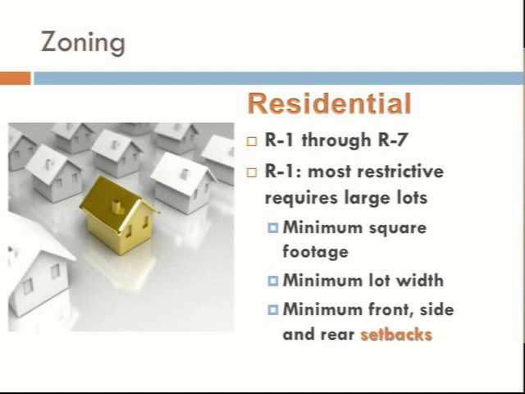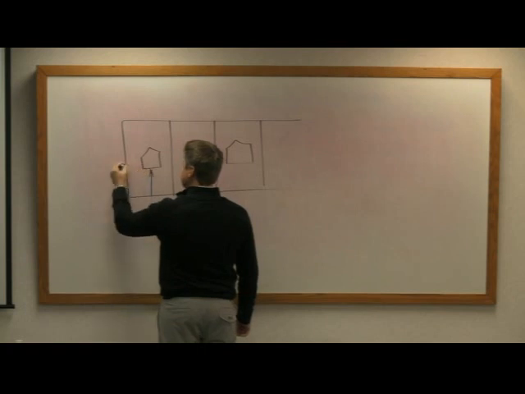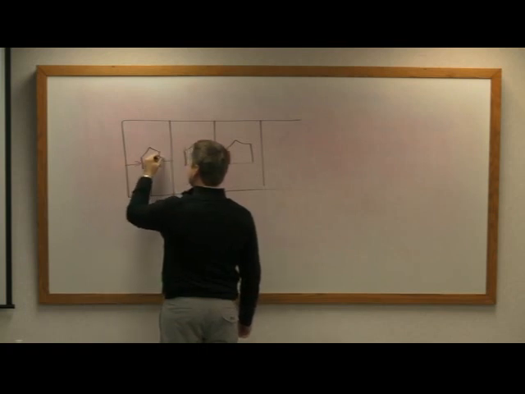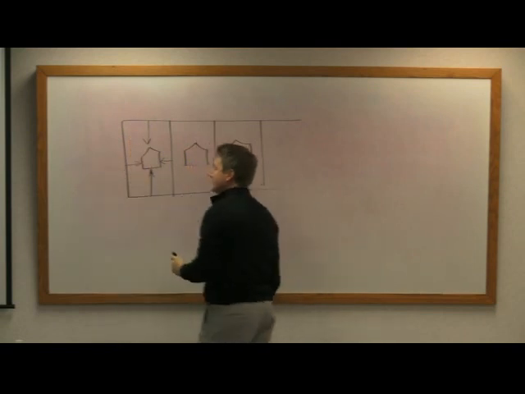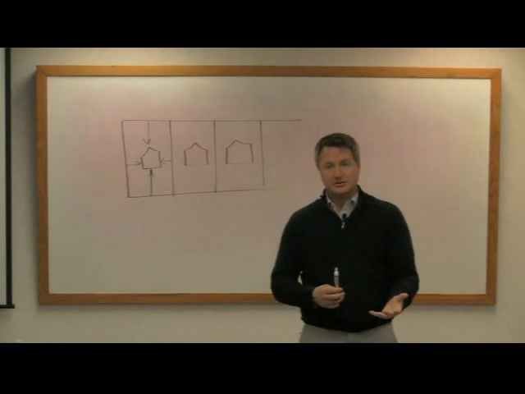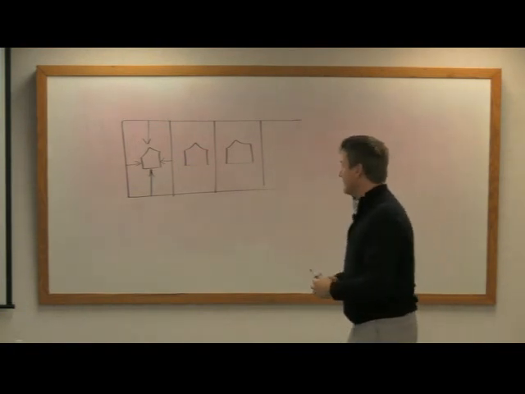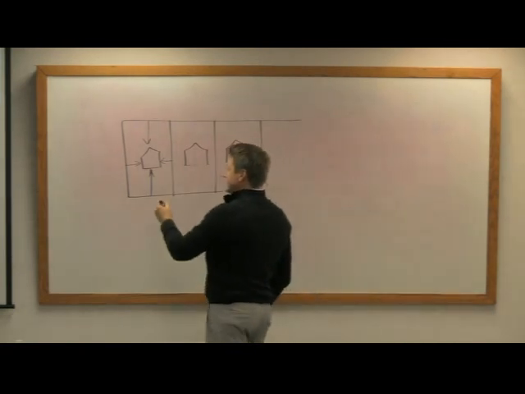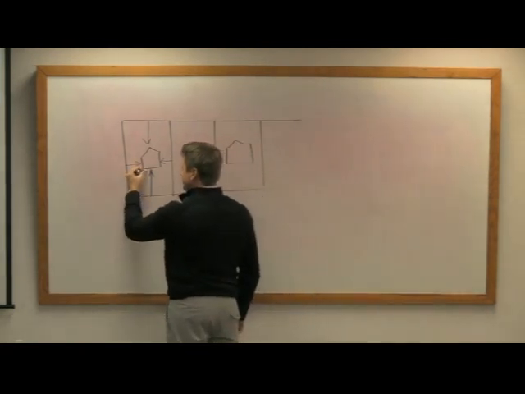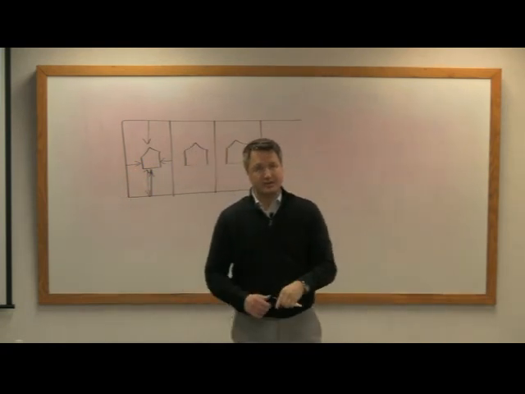So we have our lots with our homes that are put on it, and our setbacks are going to be in the front, in the side, and the rear of the house. So we have what's called a front yard setback, a rear yard setback, and then our side yard or our side setbacks. And that's saying that anything within this distance here, we cannot have our improvement built on it, or our structure, our house.